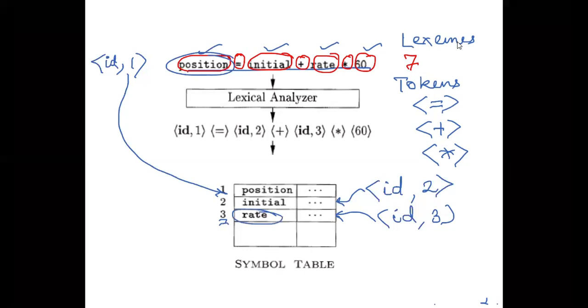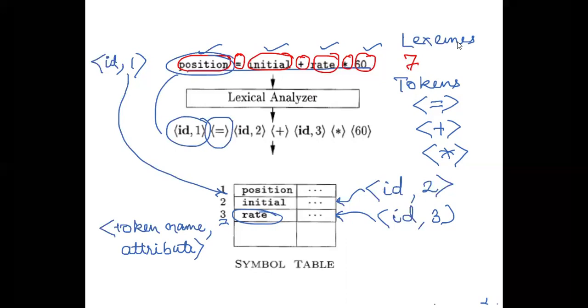In general, you can represent a token as token name, comma, attribute. What the lexical analyzer does is take one lexeme and convert it into a token. So position has been converted to this, this one is for assignment, this is for initial, and so on.